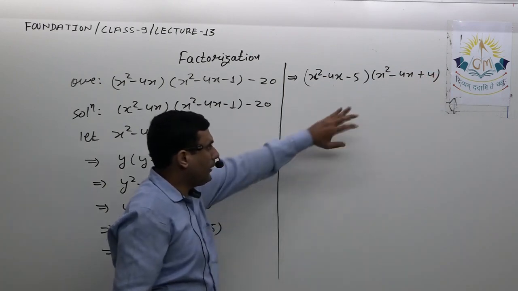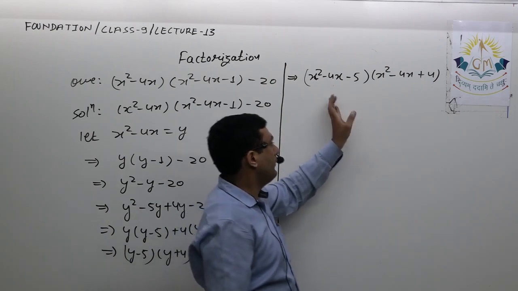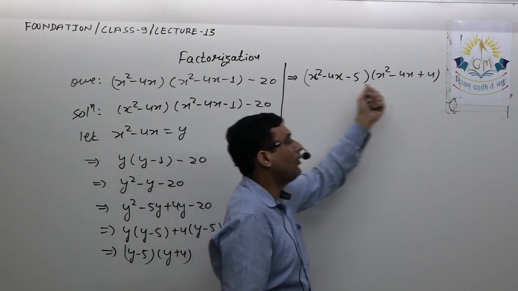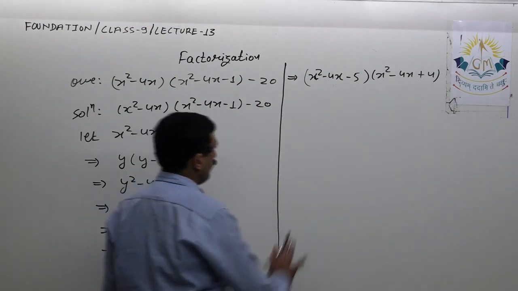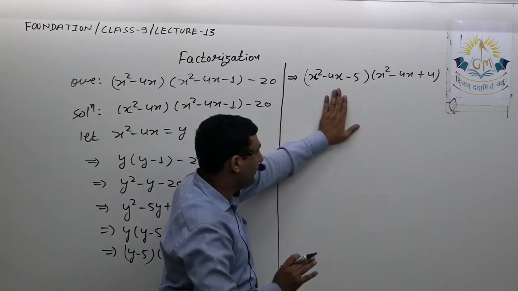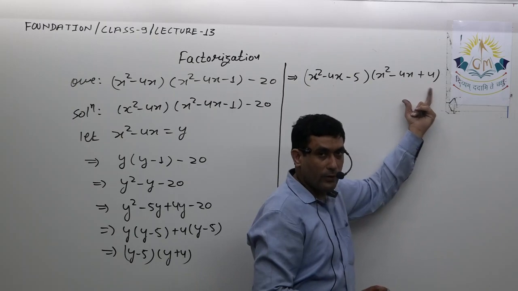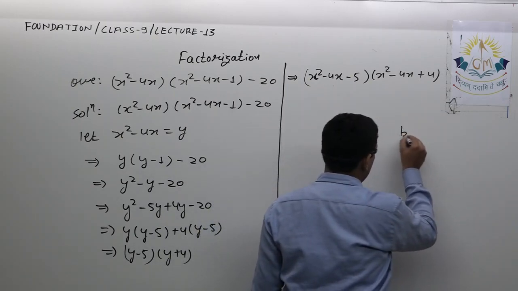Now it is quite possible that we won't get the factors of any of these, or we get the factor of both of these, or we may get the factor of either this or this. Okay, all four possibilities are there. So here again I am able to get the factors directly, but for your convenience, if you want to check with b square minus 4ac, so let us see.